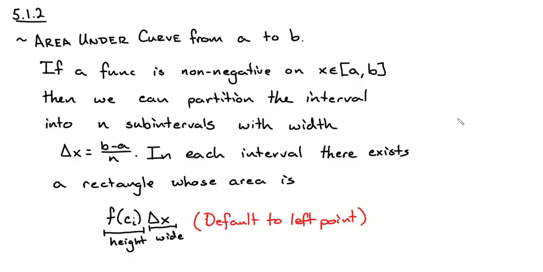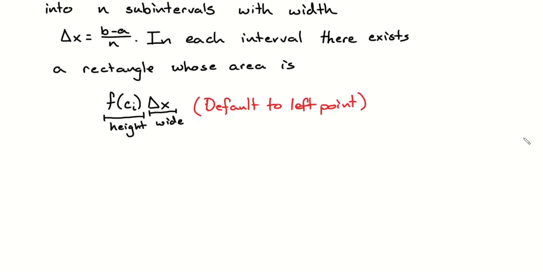Now, all of this is coming together today, so nothing new still, I don't think. Is that true? Does this all feel like the stuff we discussed yesterday and the day before still? Okay, good. So when we do this, we get a bunch of little rectangles. Now, yesterday we said we can write S sub n, and it is the sum from i equals 1 to n of f of c sub i times delta x.